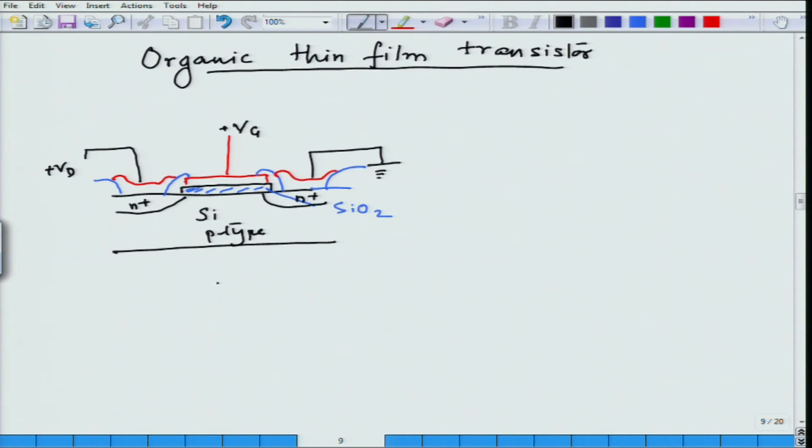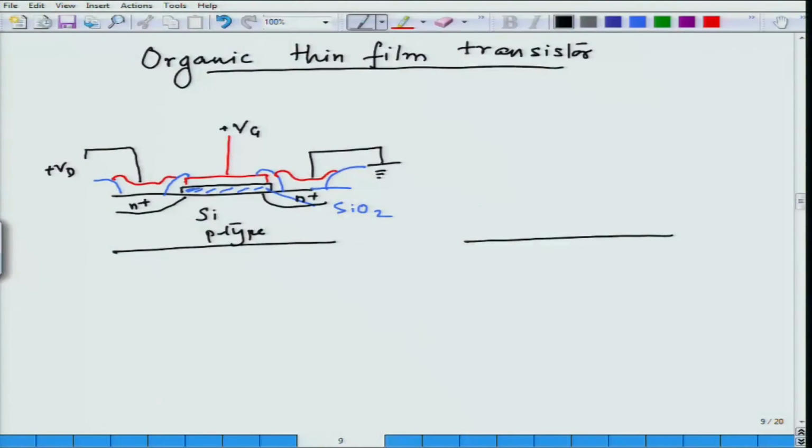So, I am wasting a lot of silicon, and that is one point. And the second point is, if I want to make this transistor as a switching element on any insulating surface, then I need to first deposit silicon, and that led to the development of a different type of transistor, which is known as the thin film transistor.